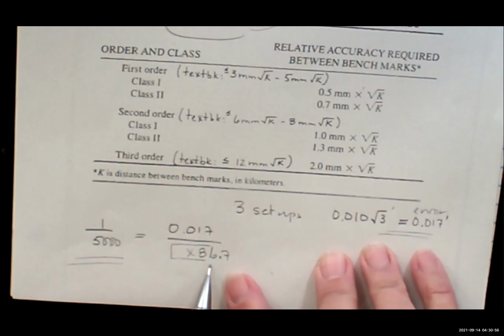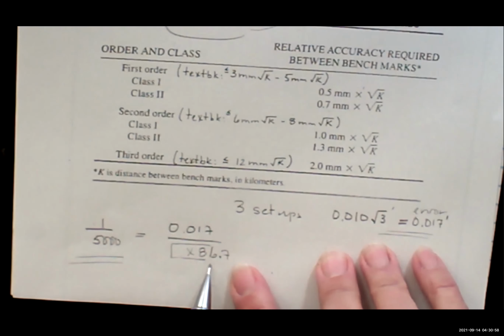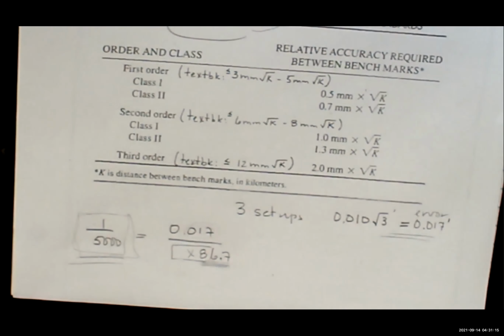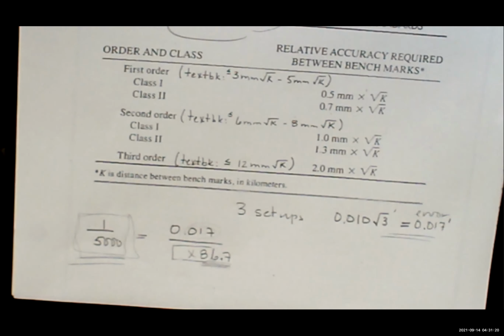Okay, so that means if you're surveying 87 feet, you're allowed this much error to be within the 1 over 5,000. Okay. Right, that was the last topic. So let me stop recording.